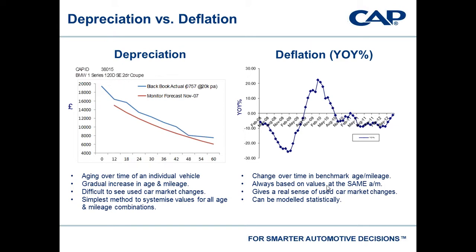Now the main reason for that is that's a nice simple way to systemize and database providing forecasts for a number of vehicles at a number of ages and mileages. So the typical line is like the red line on the graph on the left, nice smooth curve with constant mileage per year. As the vehicle ages, it decreases in value.